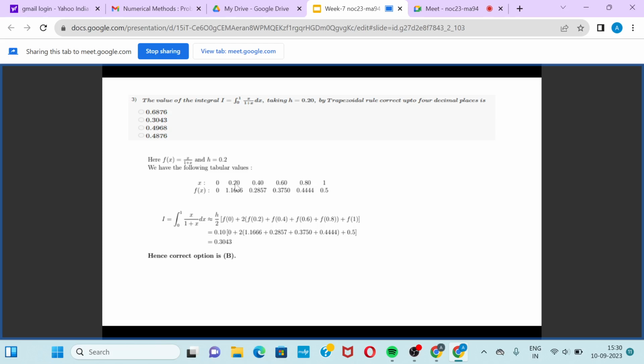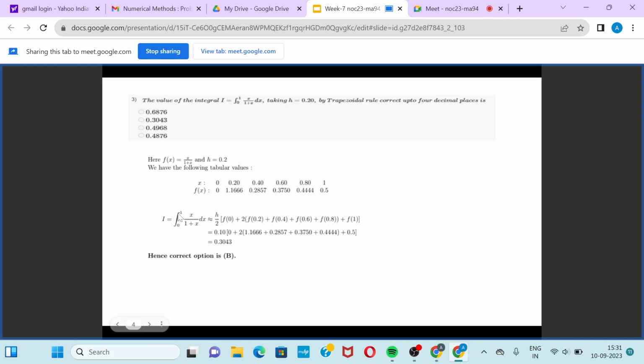So 0 plus 0.2, you will get 0.20, and the corresponding function value will be 0.1666. Then again add 0.2, so you get 0.40. This will give you 0.24857. Similarly, you can calculate all the nodes up till 1, and you'll get the corresponding f of x values.